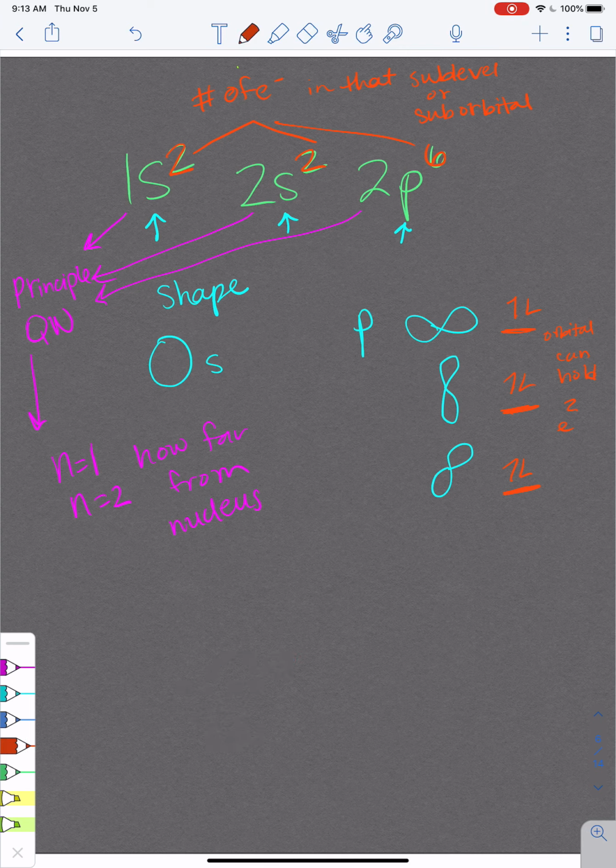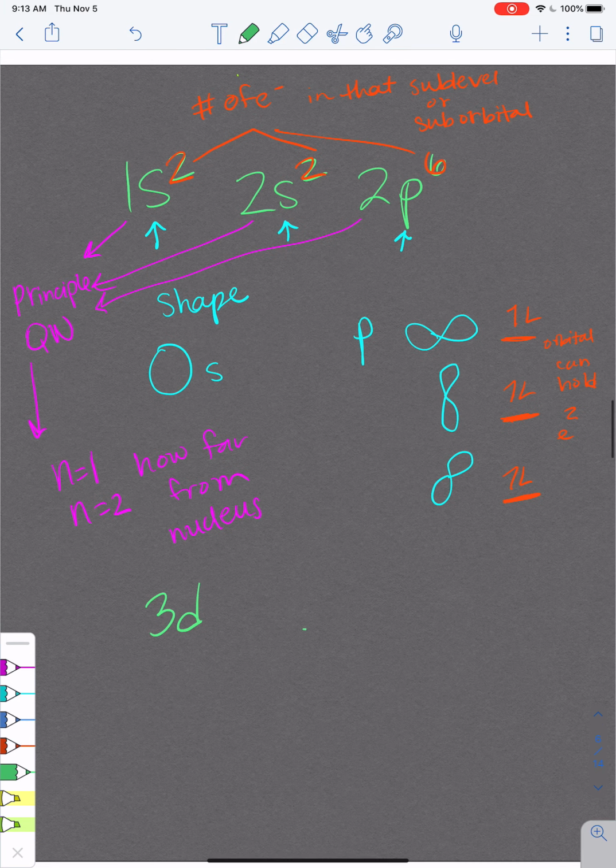So if we had like 3d, well, the d orbital has 5 different ways that you can draw it. I could draw, remember, that's the clover. I can draw all those different ways, but there are 5 different ways to draw it. Over here I drew like up and down vertically, but we normally draw these in a line.